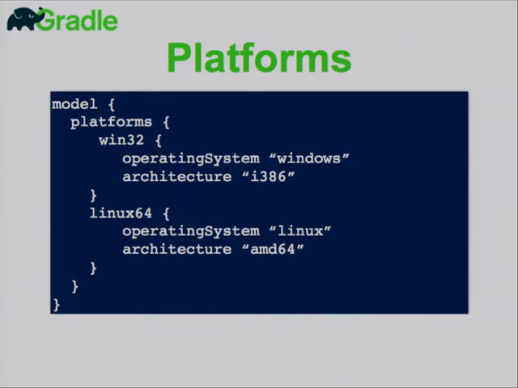So there's a bunch of built-in operating systems and architectures that you can define, and you can combine those in arbitrary ways to define platforms, and then Gradle will build variants for those platforms, just like any other variant dimension. But these values, the operating system and architecture values, are what Gradle uses to determine how to configure GCC to build for this particular platform, or whether GCC can build for it, or whether only Visual C++ can build for that platform.